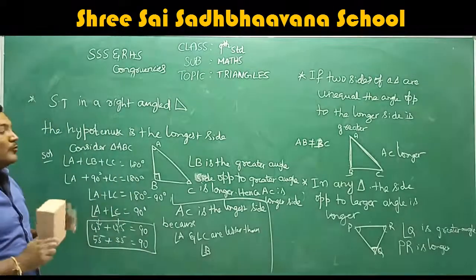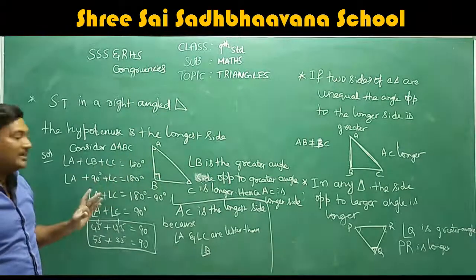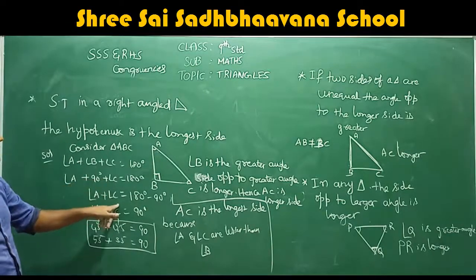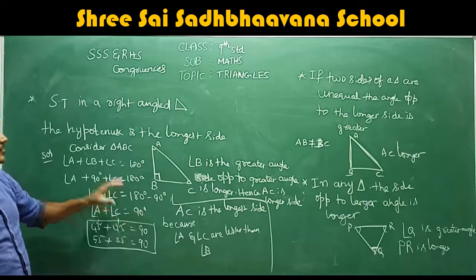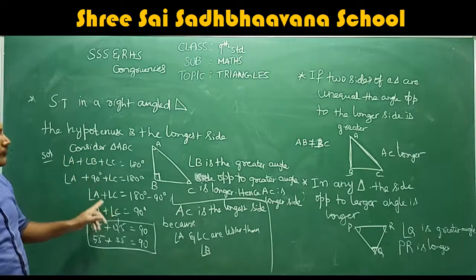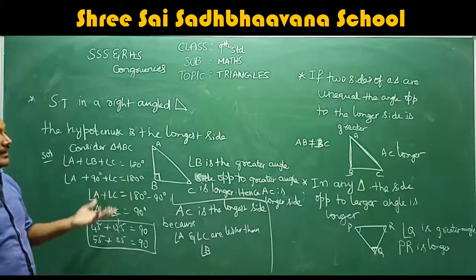You can understand. Okay. First, what we have to prove? We take triangle ABC. The sum should be equal to 180, and we know angle B is 90 degrees. If this is 90, angle A plus angle C is also 90. So B alone is 90 degrees, and angle A and angle C added give 90. So we came to know that angle B is the greater angle.